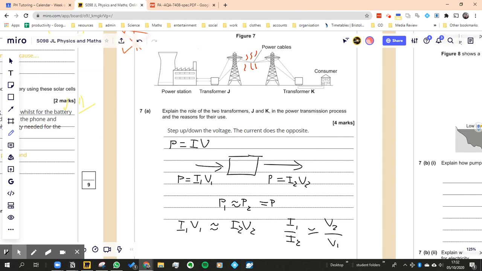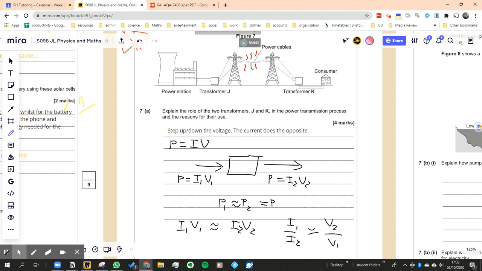If you decrease the current, then you decrease the energy loss. I won't go into the detail of why at the moment, but by decreasing the current, you decrease the energy loss, which means we increase the voltage in order to decrease the current.